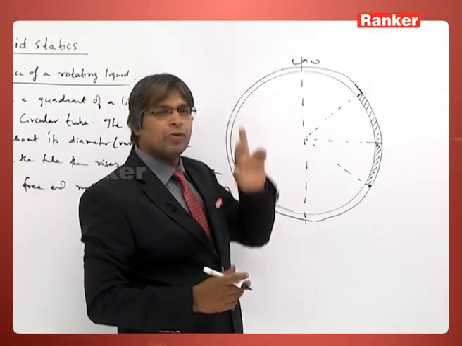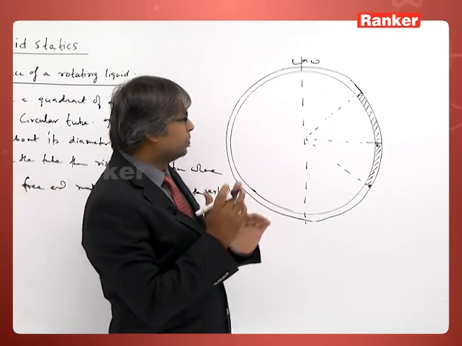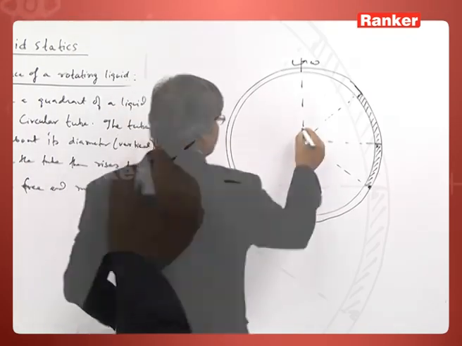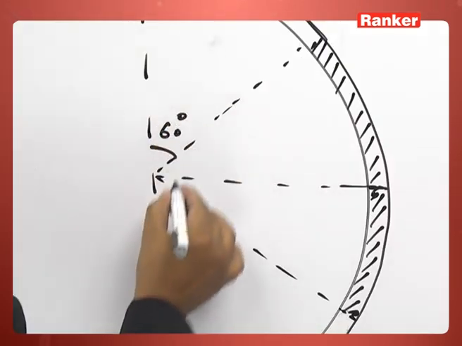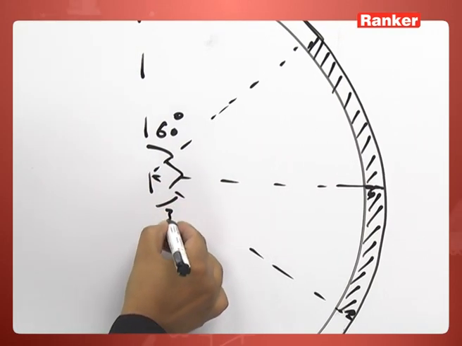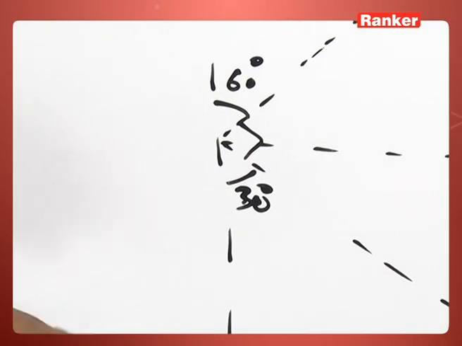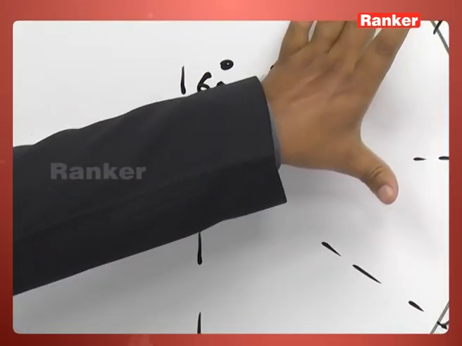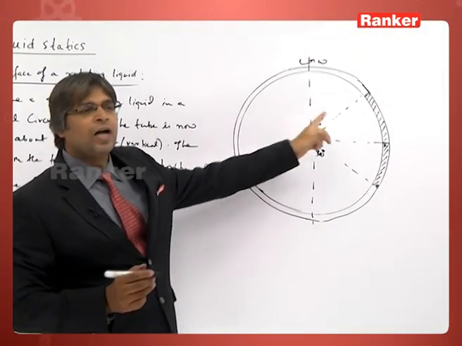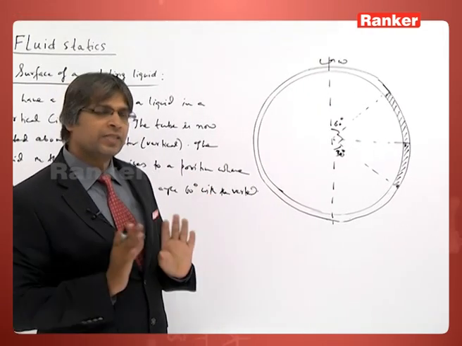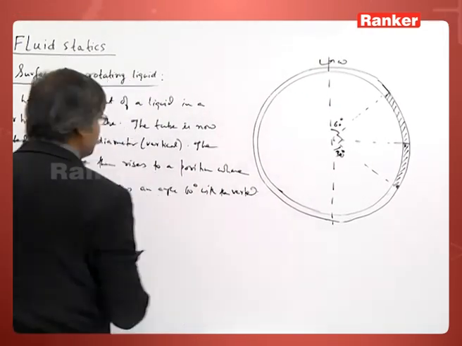So, how much omega is required to do so? This position is 60 degrees, and so this is 90 and this is 30 degrees. So, this is the problem. In order to shift this quadrant of liquid column from here to here, how much omega is required? This is our situation.